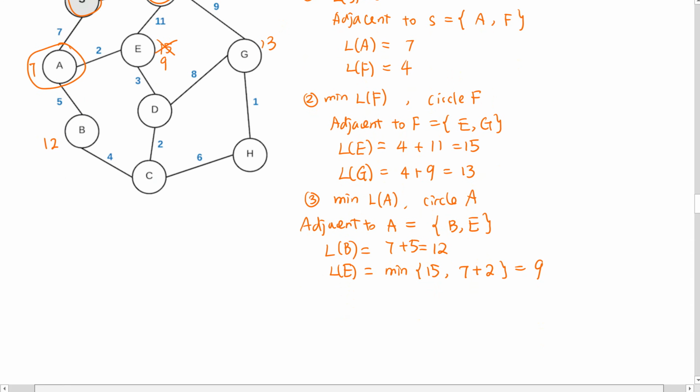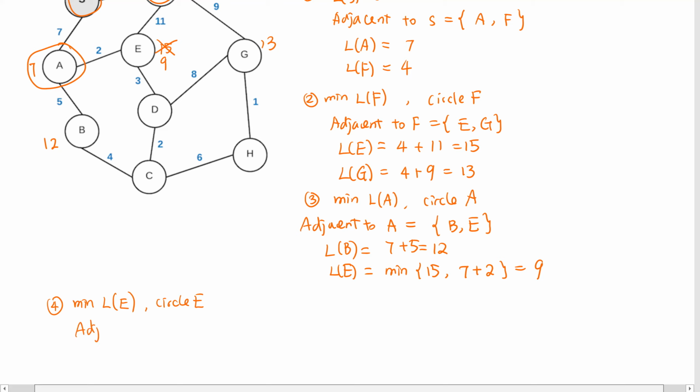Okay, next, what is the minimum? So step 4, minimum is L of E, right? And it's 9. Okay, let's see. Then we circle the E. Okay, and what's next?